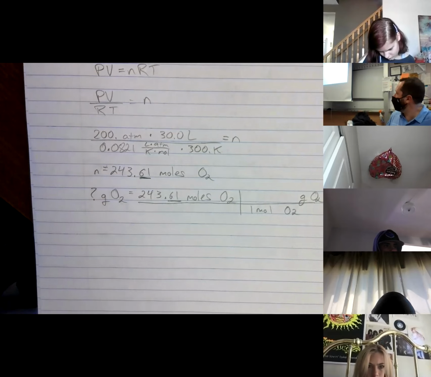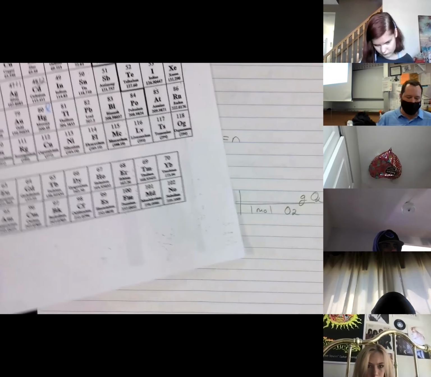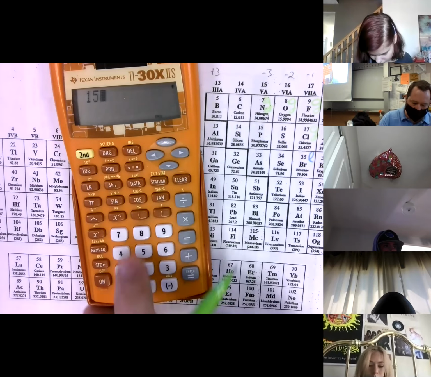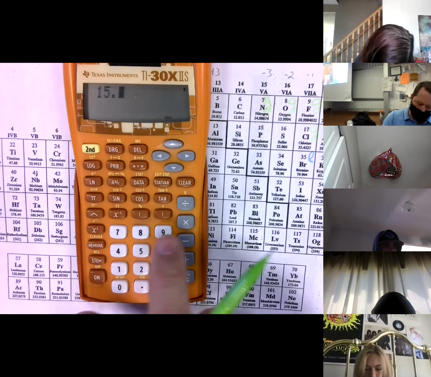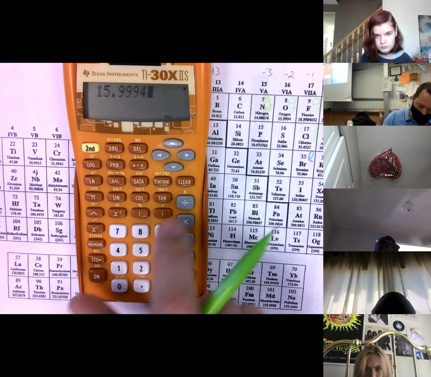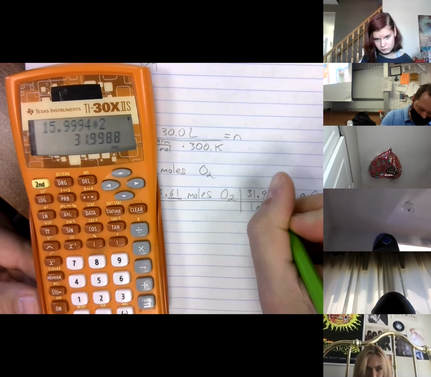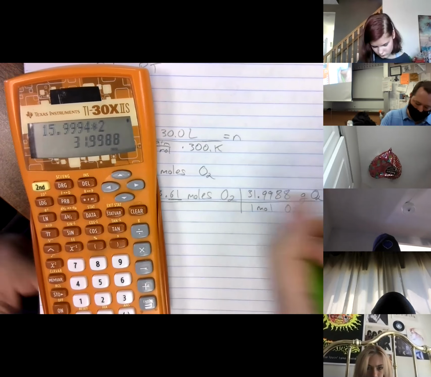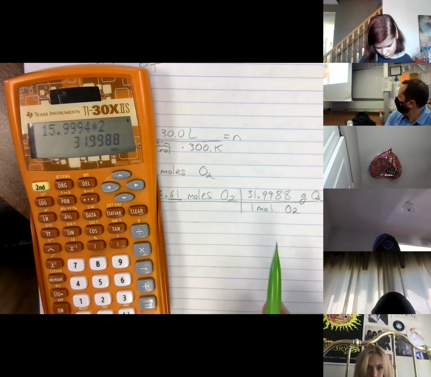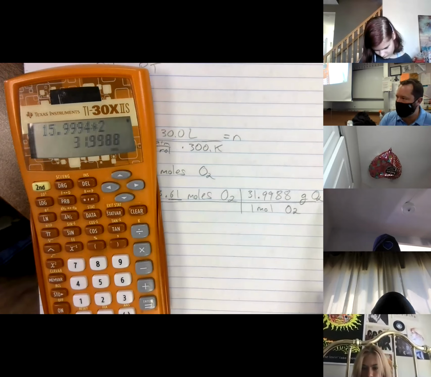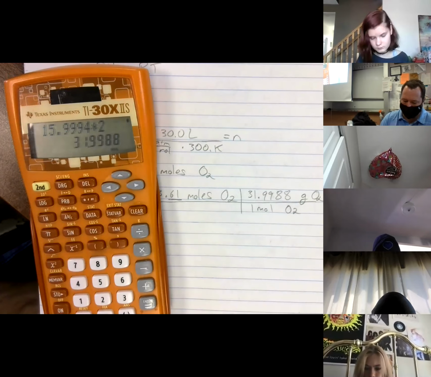Well, this is where we use our periodic table. There's oxygen. Remember, it's O2, so we have to say 15.9994 times 2. There's our mass of O2 per mole. 31.9988 grams of O2 per 1 mole of O2.